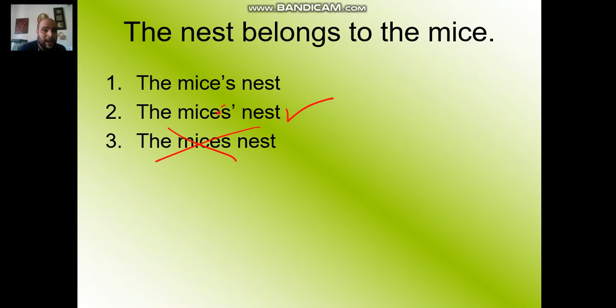Okay? They're going to add an s to the word mice, which is already plural, and they're going to add an apostrophe. Wrong. Wrong. The plural here is already done. The mice is plural. Just add an apostrophe and an s, just like any other singular noun.